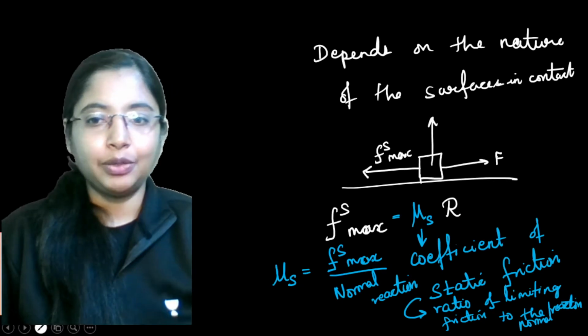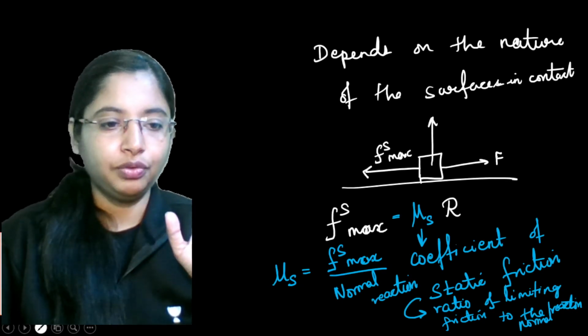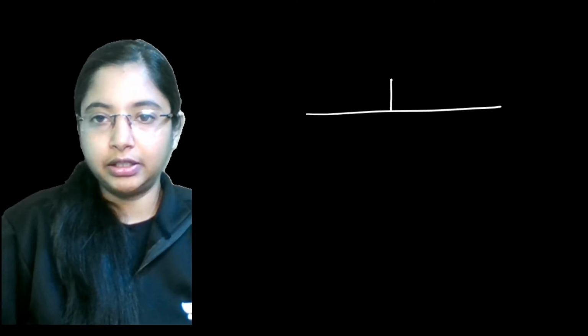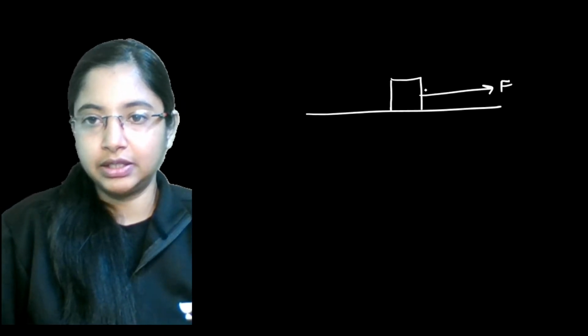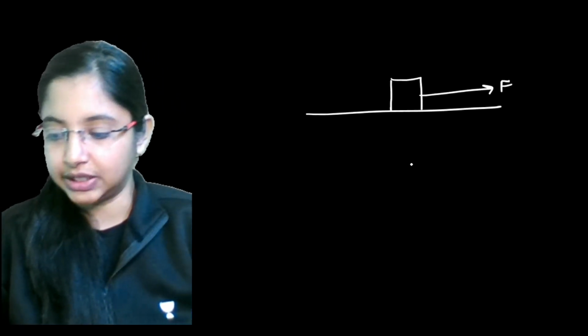Now, once the object starts to move, what we have is kinetic friction. What are the laws of kinetic friction? Let's say you have an object kept on a surface, and you apply a force in this direction, and the object moves in this direction.